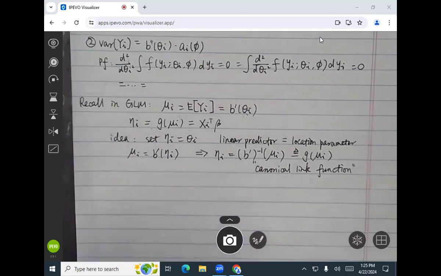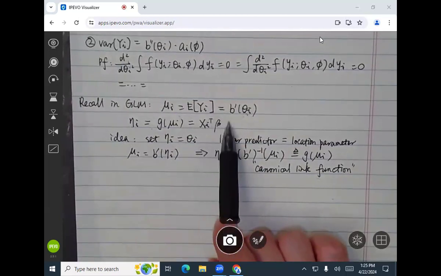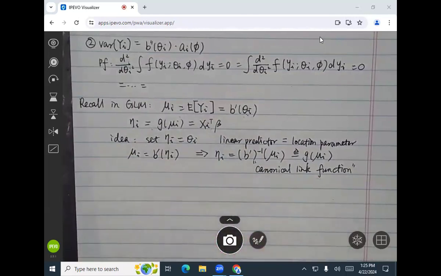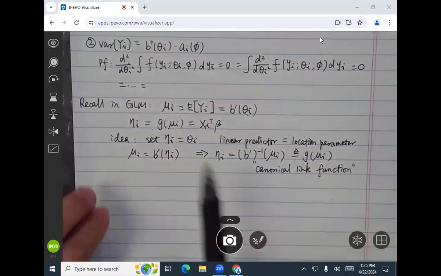Why can't theta be set with some other theta? So eta I is this, right? I say eta I is the linear predictor. That's the assumption. So what's your question? Right now you said theta equal to theta. Yes, this is what we said, right?